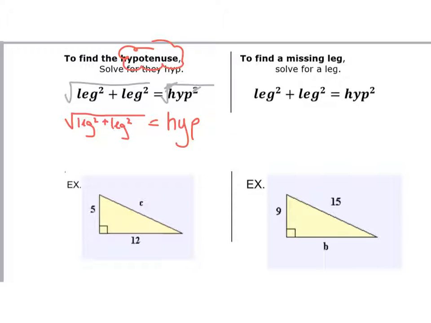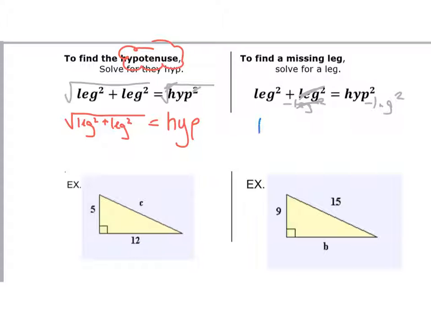Okay? To find a missing leg, then I want to solve for one of the legs. It doesn't matter which leg. I have two legs in my equation. To get rid of one of them, if they're being added together, how do I get rid of one? Subtract it. So if I subtract a leg squared on both sides, minus a leg squared, minus a leg squared, okay, then one set of leg squareds cancels out.